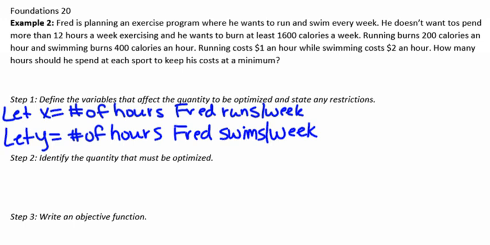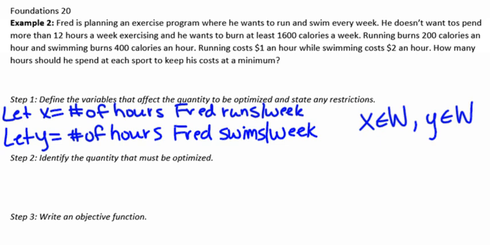Any restrictions? Well, I cannot pay to swim for part of an hour. I can't swim negative hours. So again, we just want whole numbers here. X and y are elements of whole numbers.